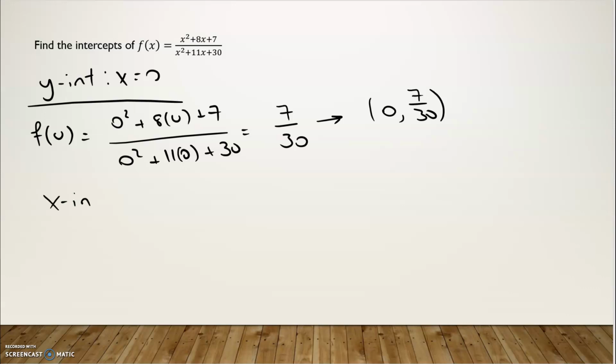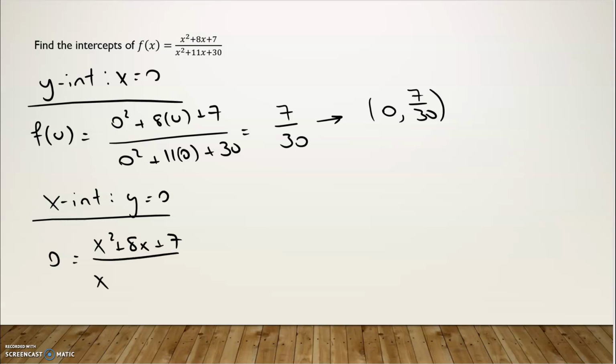And then for our x-intercept, we're going to have 0 is equal to x squared plus 8x plus 7 over x squared plus 11x plus 30. Now remember, in a fraction, the only part that's going to make it 0 is the numerator, so don't care about this. So 0 is equal to x squared plus 8x plus 7.